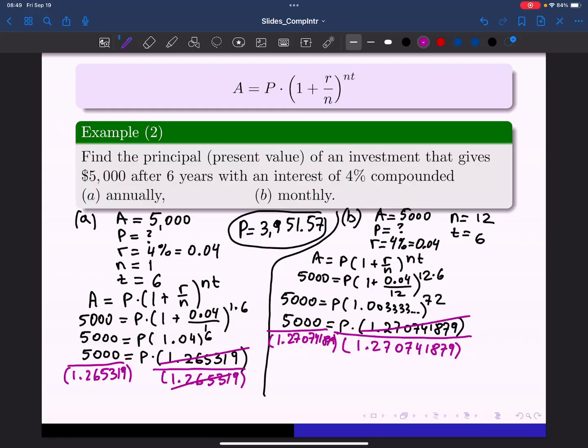This whole thing cancels out, and then my P is equal to 3,934 and 71 cents.